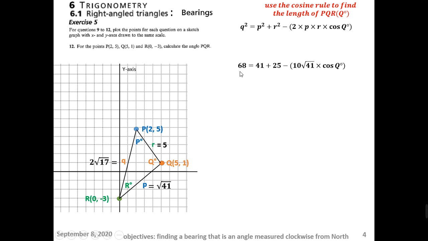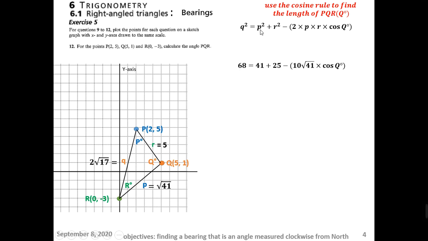Now let's substitute in this formula. Q squared is actually 68, because if you put 2 square root of 17 all to the power of 2, you're going to end with 68.